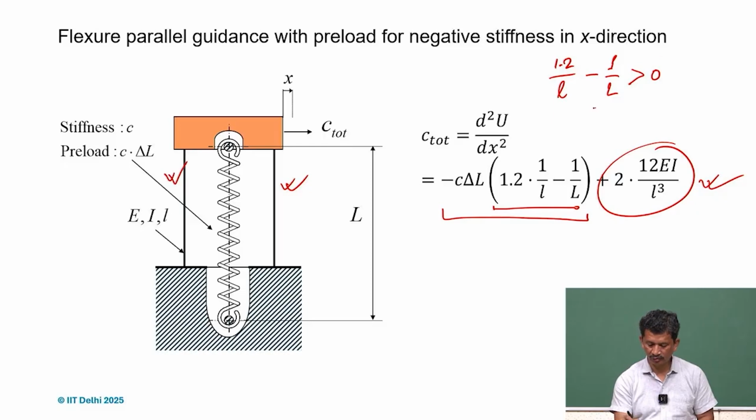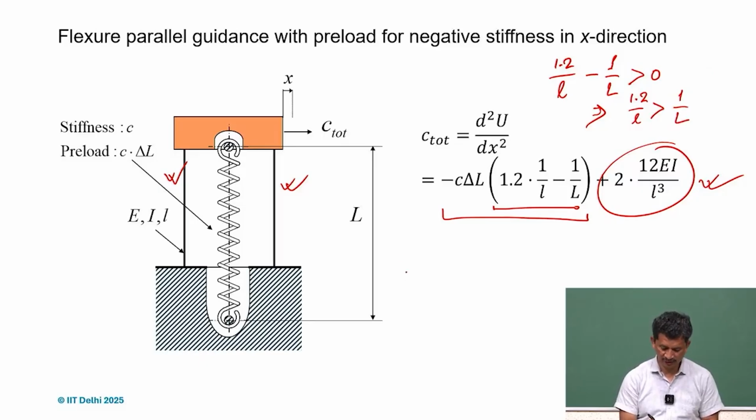If we just work this out, what we realize is that 1.2 by l is greater than 1 by L, and so this l has to be larger than L divided by 1.2. So certain fractions you have, but what we can always say is that l has to be always larger than this.